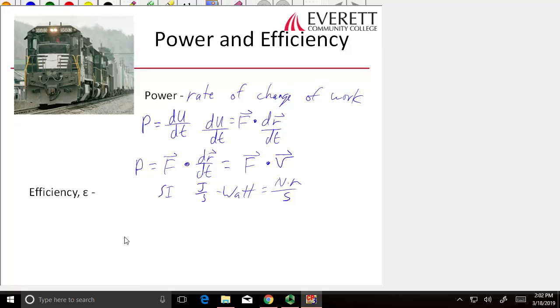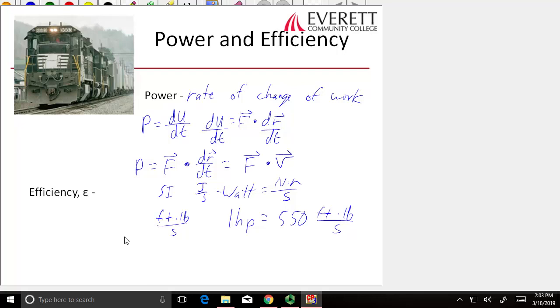So what do we use in our equations? Foot-pounds per second. Good. And then we use the conversion, 1 horsepower is equal to 550 foot-pounds per second. So immediately, if you're given horsepower, you convert to foot-pounds per second. If you end with foot-pounds per second, you convert back to horsepower.